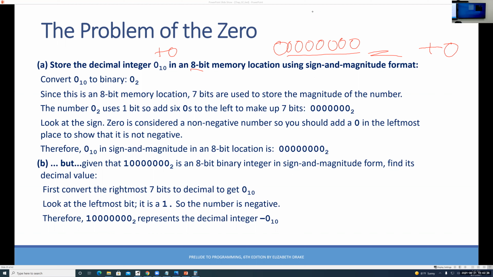Now, if you're working with this one, what is this one here? What do you think? This one, number 1 here, it's a negative, right? So we have the sign negative here. And all 0 here, you have 0. So this one is a negative 0. So we see, with the number 0, you have 2 ways to do that. This guy and this guy here. So it is very confusing for the computer.